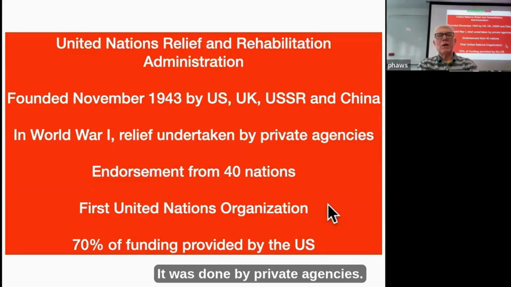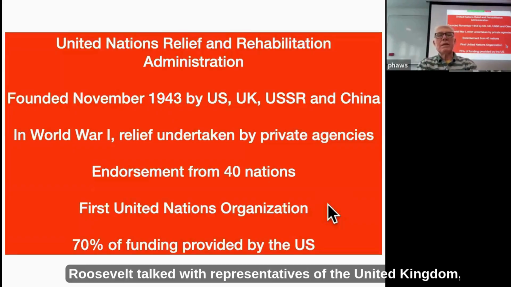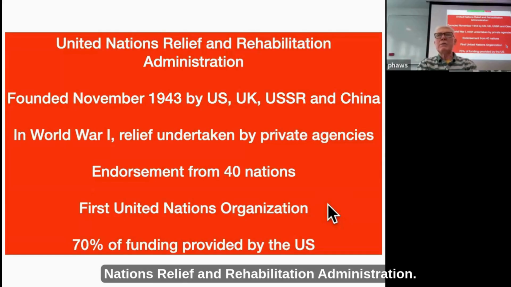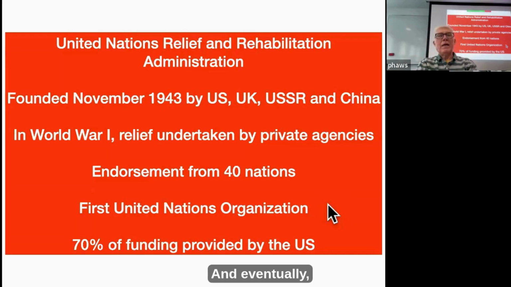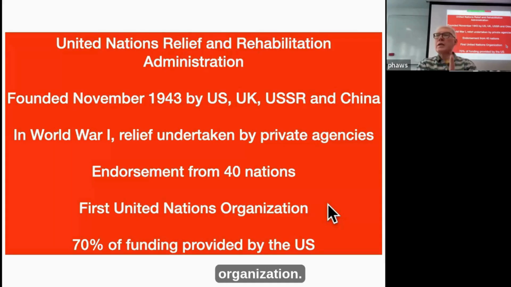He did, and it was done by private agencies. Recalling that, Roosevelt talked with representatives of the United Kingdom, USSR, and China, and they created the United Nations Relief and Rehabilitation Administration.